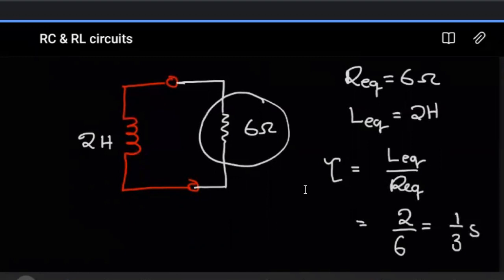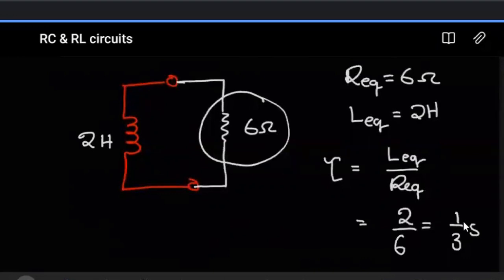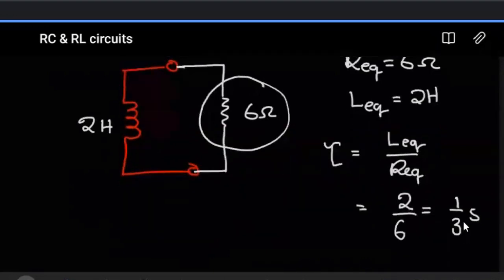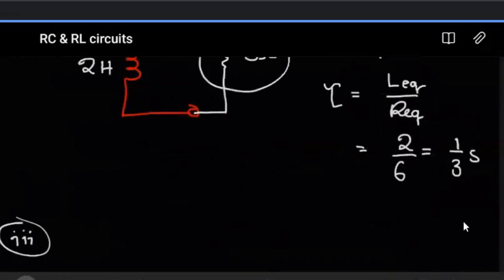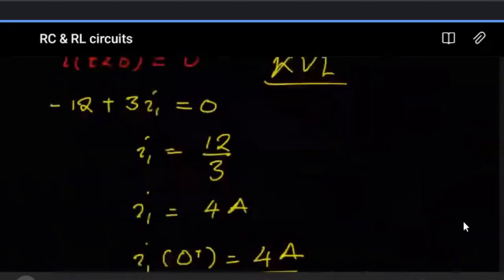Is that okay? Okay, so that concludes the second part. Now we move on to the third. What do they want for the third part?